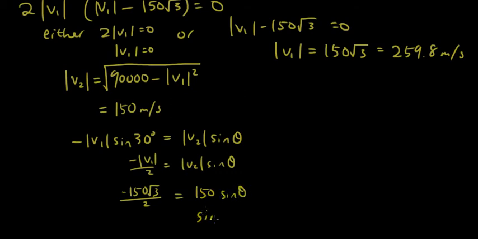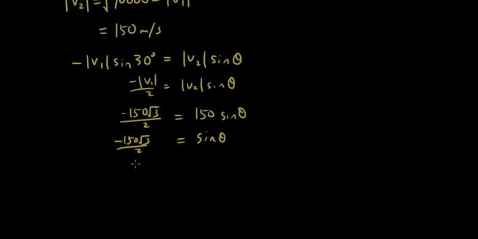So sine theta is equal to negative 150 square root of 3 over 2 divided by 150, and then obviously the 150s will cancel each other out, so it becomes negative square root of 3 over 2 equals sine theta.